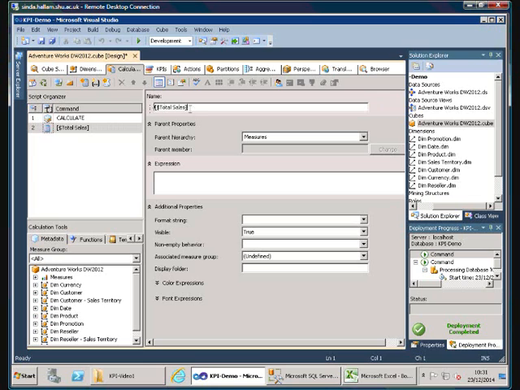The square brackets just indicate that there could be a space in the name, and the dollar is not significant. It helps remind us that this is going to be a monetary value.